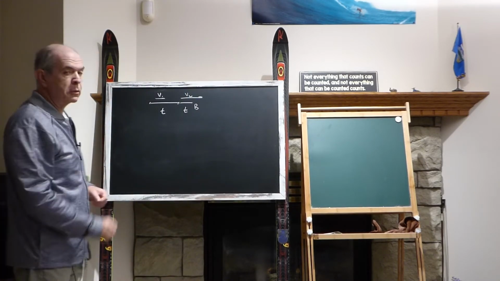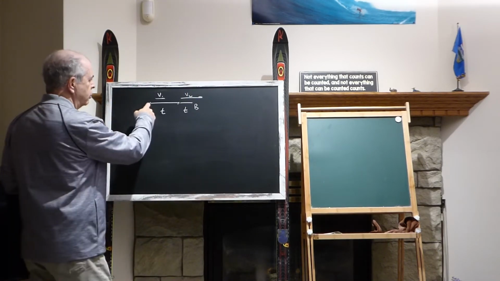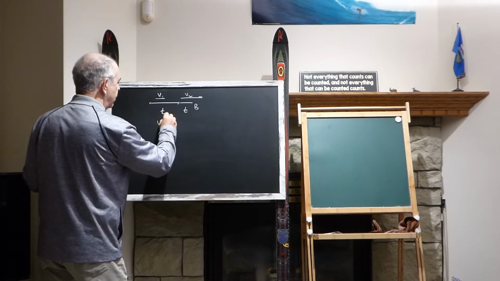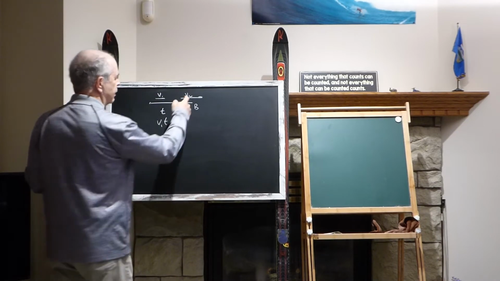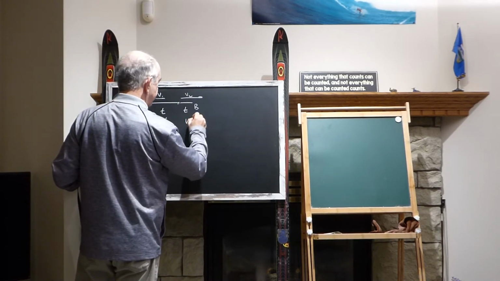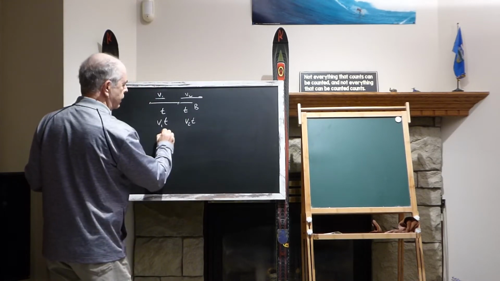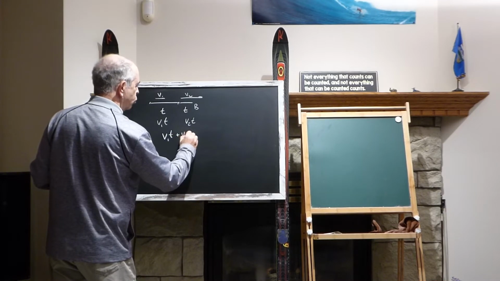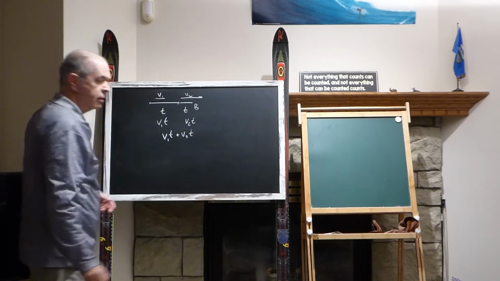So how to solve this problem? We know that the distance covered here is v1 multiplied by t. The distance covered here is v2 multiplied by t. We know that the total distance is v1t plus v2t.